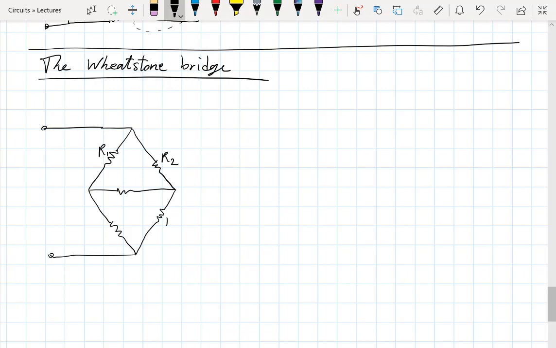Let's go this way. R3, R4, and R5. And this is connected to something else. Let's put a voltage source for now. It doesn't have to be a voltage source. It can be connected to some other circuitry, right? I'm concerned with this shape, this bridge.